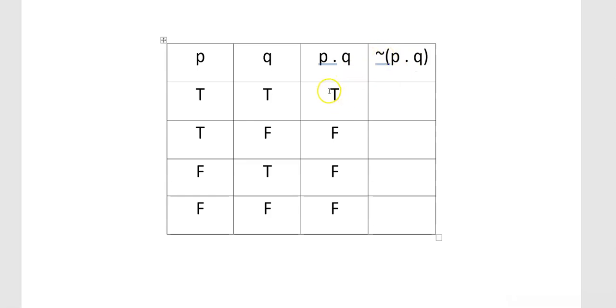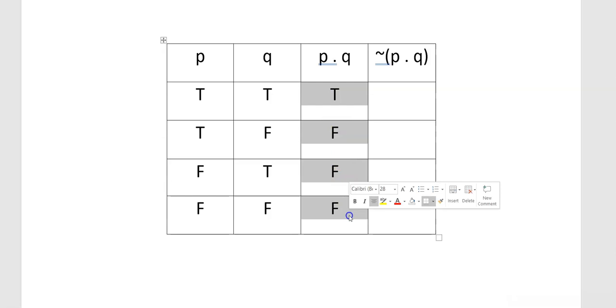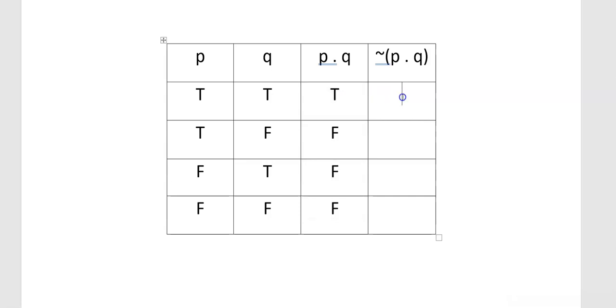So immediately you see here, this is the value of P dot Q. So if you put negation before T, it becomes false, right? So in that way, you see in first row it is false, and in the remaining rows it is true.